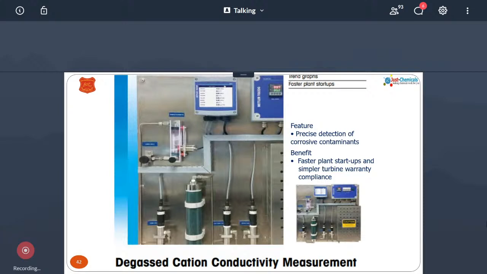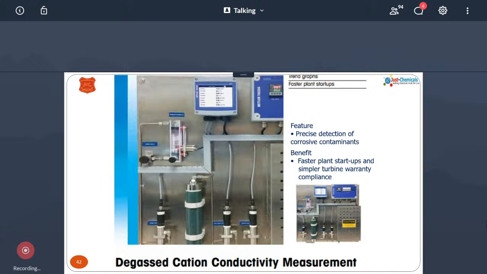Removal of CO2 from the system is tough, because CO2 will react with ammonia and become ammonium carbamate, and ammonium carbamate is difficult to remove from the deaeration system. So when we know that this conductivity is contributed by CO2, we'll try to see the source.